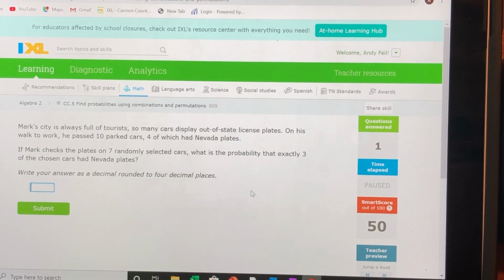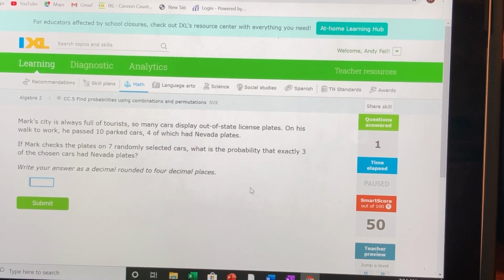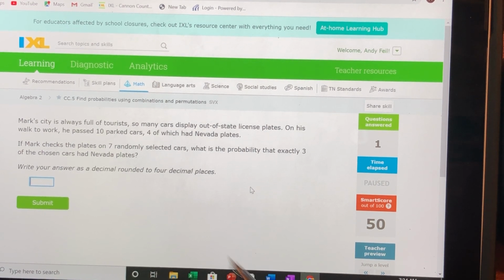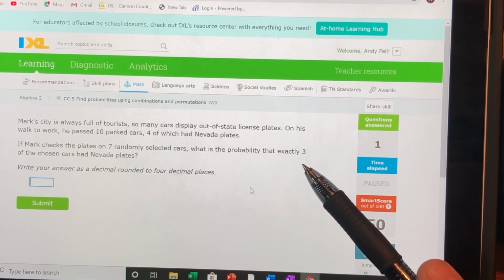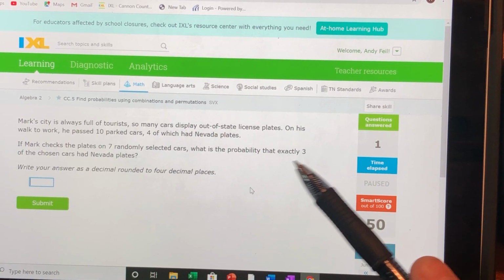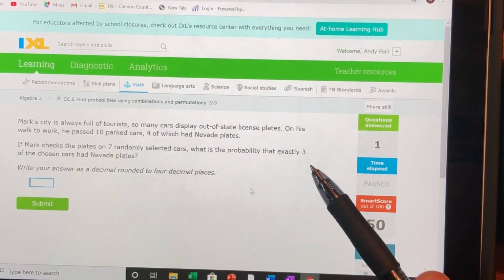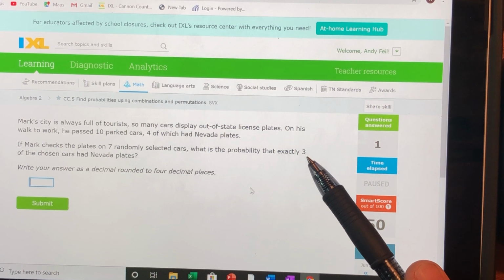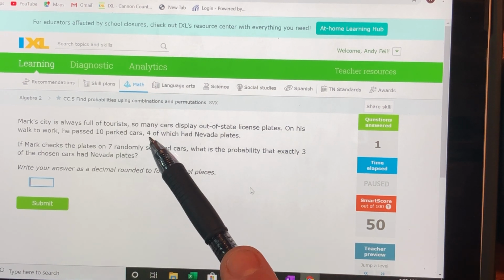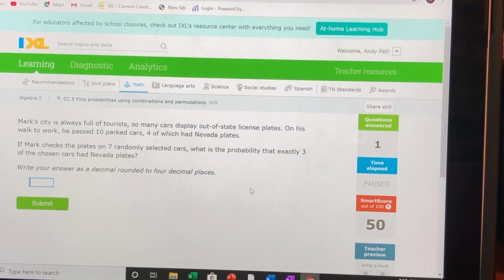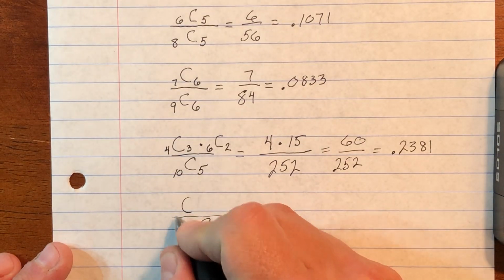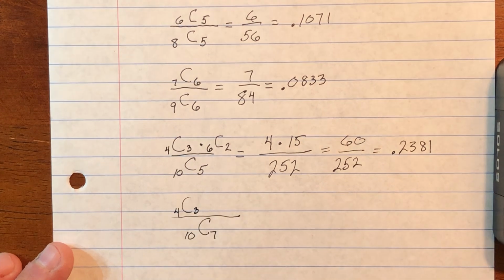And then we have to figure out all the different ways that the rest of the plates can happen. So first let's do the Nevada plates. He's selecting 3 from how many? There are 4 cars that have Nevada plates. He's going to select exactly 3. So that means he has 4 choose 3 Nevada plates. So on our work here, we're going to put 4 choose 3.